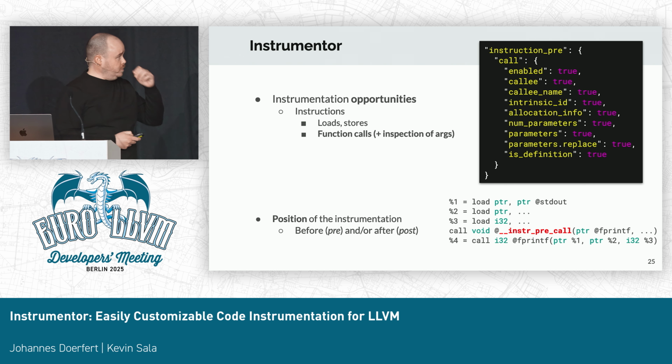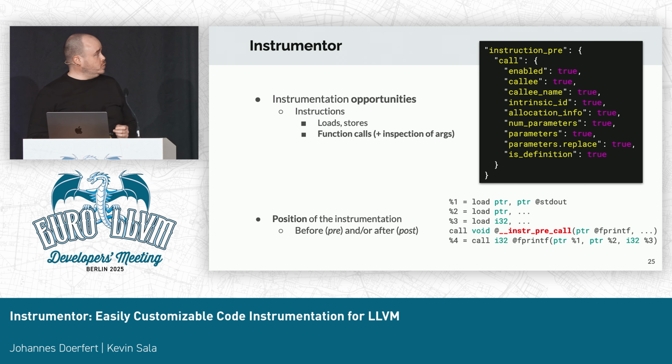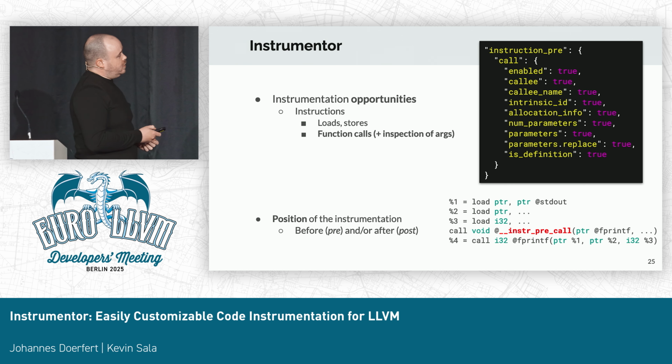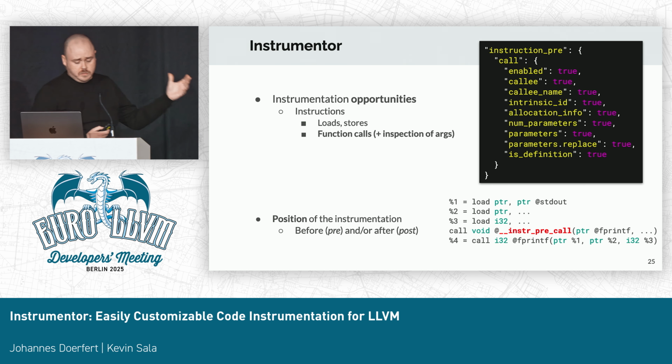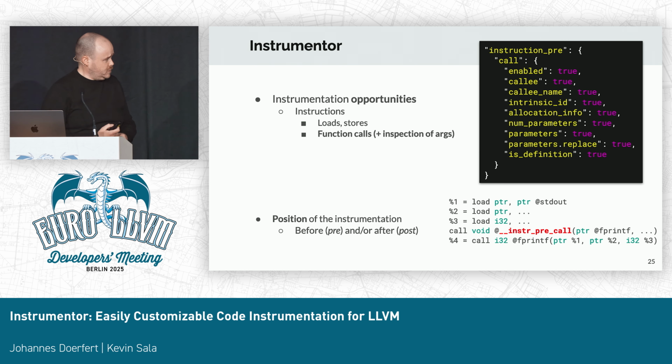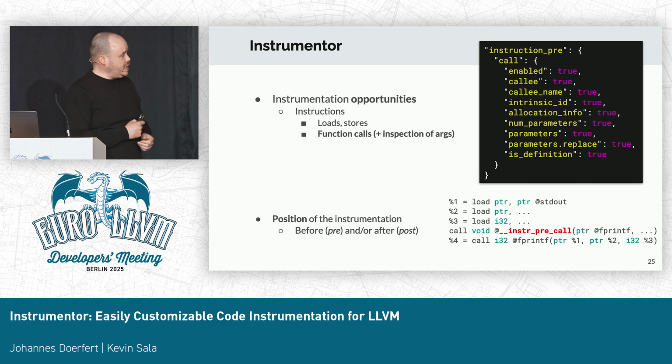Then we have also the option to instrument function calls. Let's say that your original code calls fprintf, as in the code there. Then the Instrumentor pass will instrument that function call, notifying the runtime component about that call just before it happens.